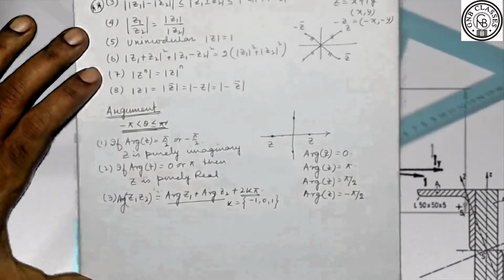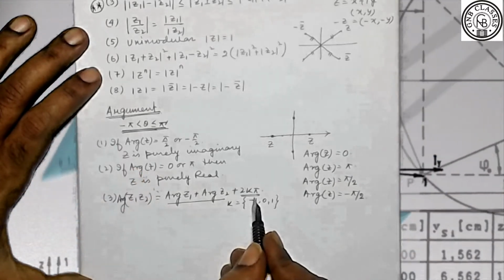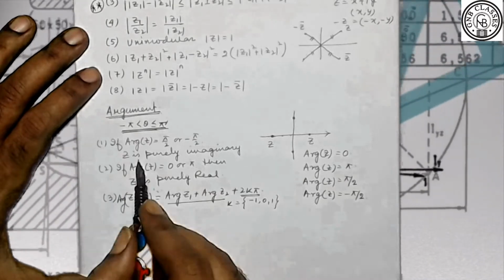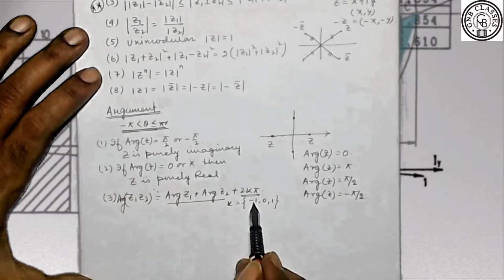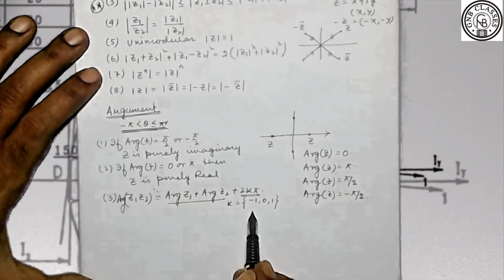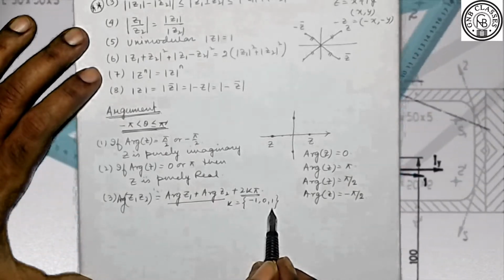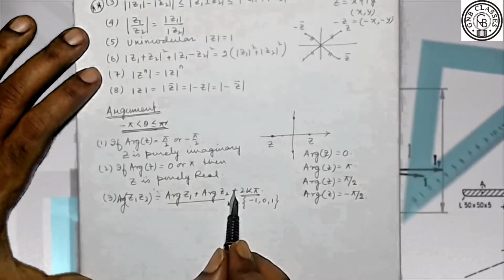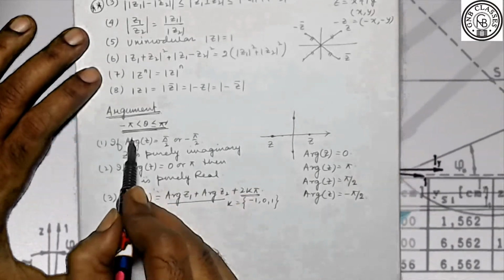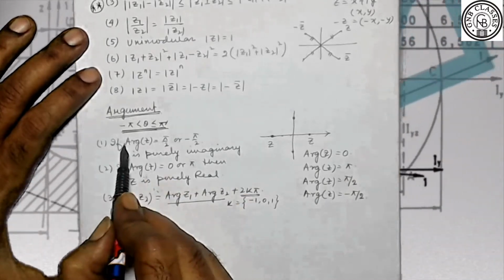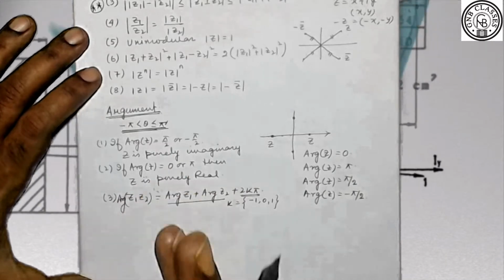Is it clear? That is why we have added 2k pi over here. If it goes beyond this range, we will manipulate k accordingly. The only values of k that it can take are minus 1, 0 or 1. So we will adjust it so that the argument of that complex number falls within minus pi and pi, which is the principal argument.